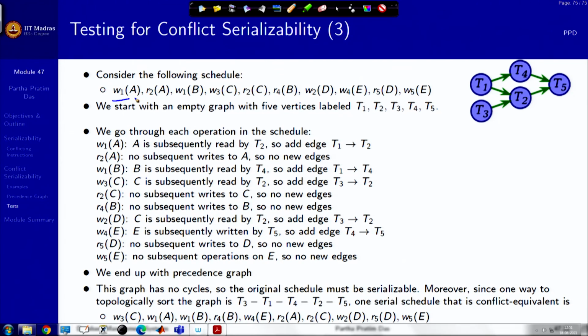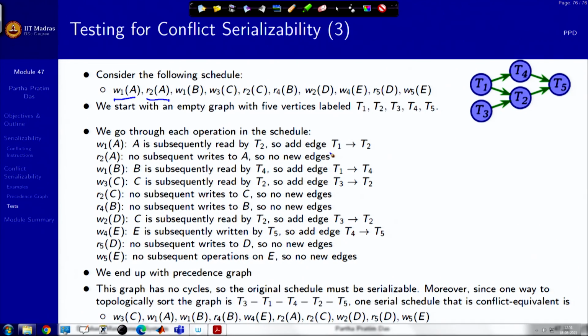So, this is a schedule given. We have data items A, B, C, D, E, 5 data items and 5 transactions. Right. So, we start with an empty graph with vertices. Now, you have W1(A) being written, and it is being read by transaction T2.